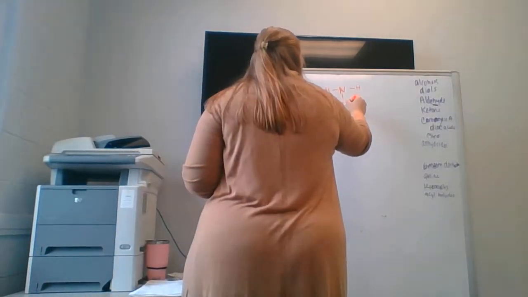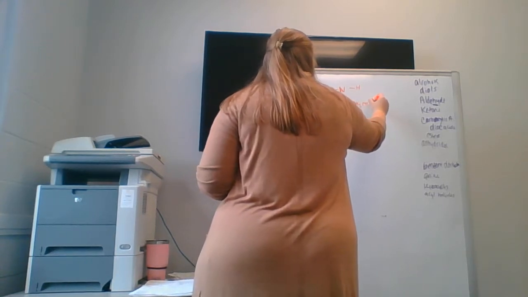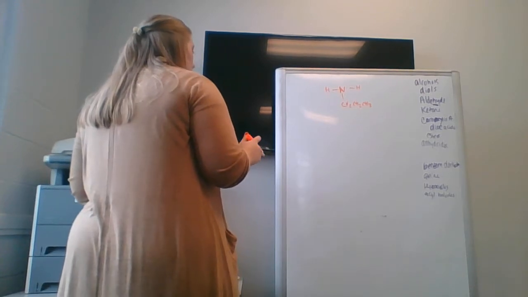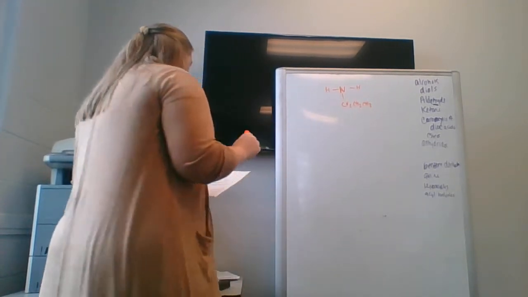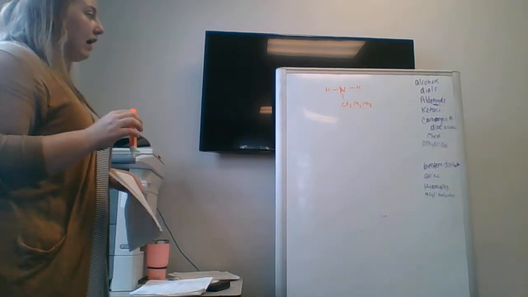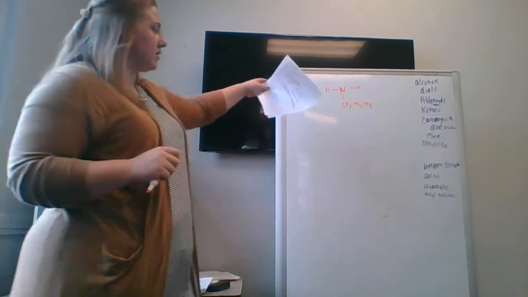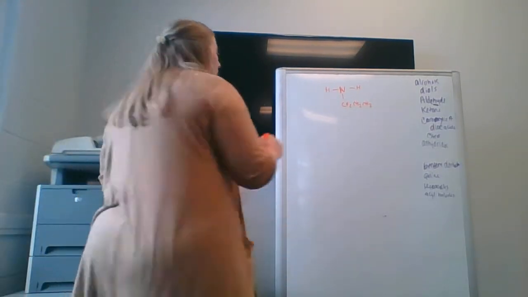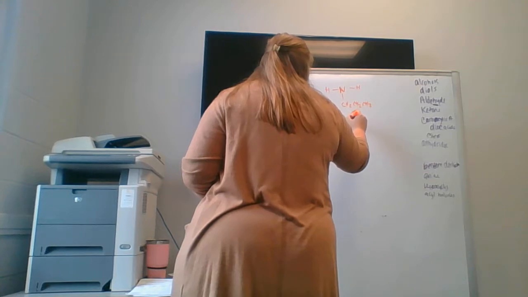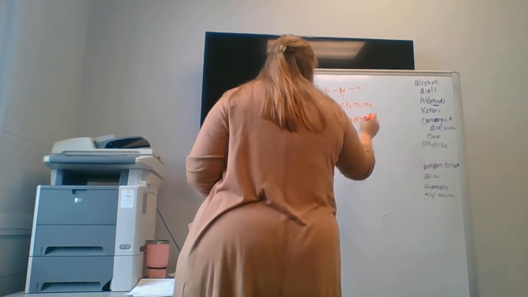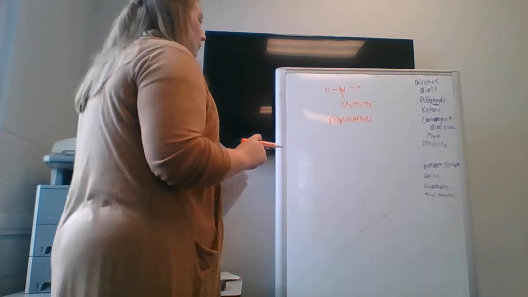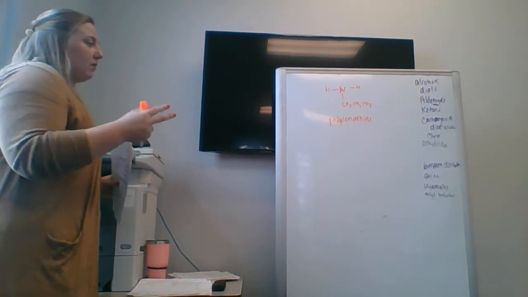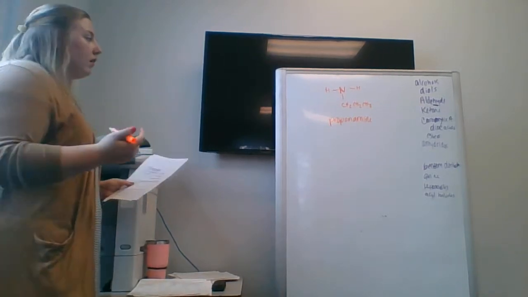If we had something like this, we take our alkane name and add amine to the end. What would the alkane name be? Propane. So we drop the E and add amine: propanamine. So methanamine, ethanamine, propanamine, you get the idea.